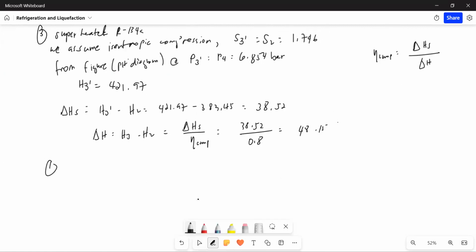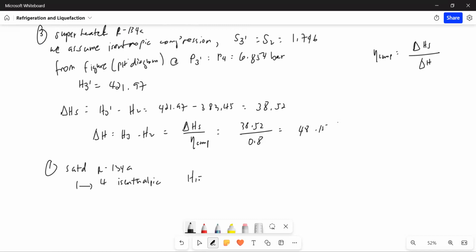So it's a saturated R134A, but step 4 to 1 is isenthalpic due to the throttling process.